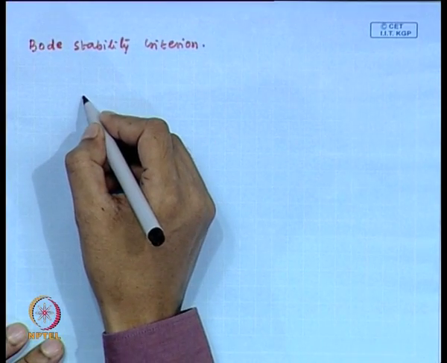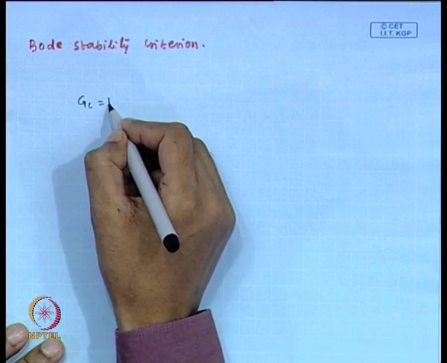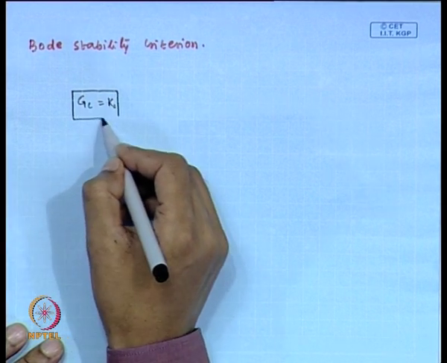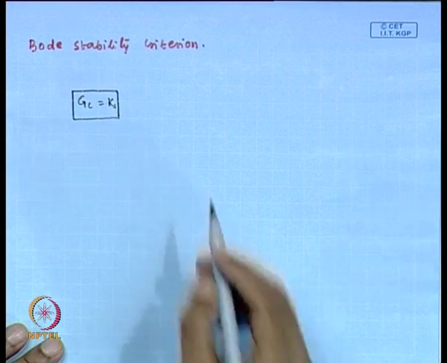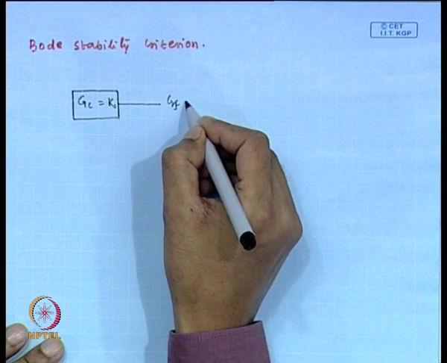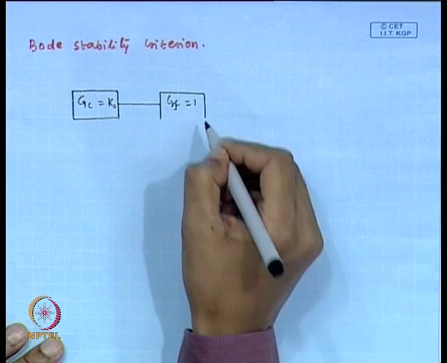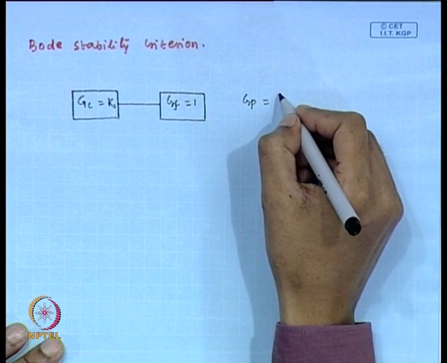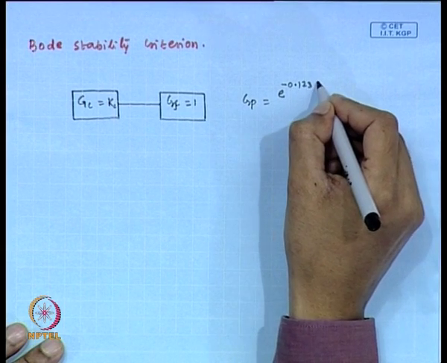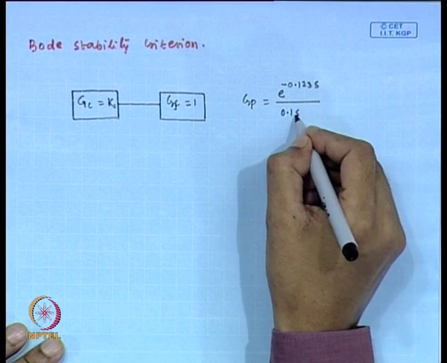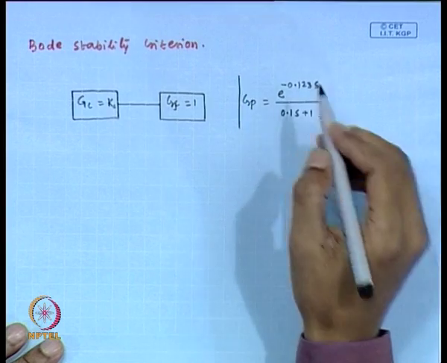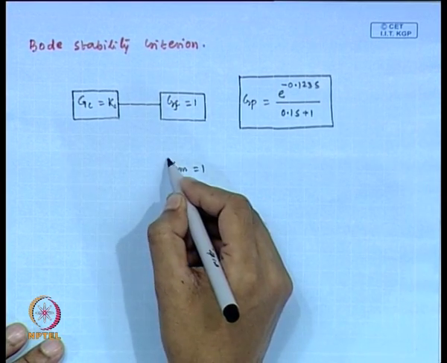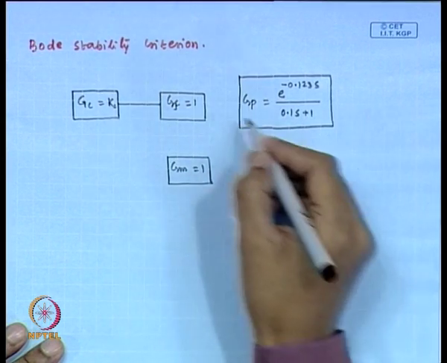So, we will consider a closed loop block diagram having a P only controller, then considering GF equals 1, and GP equals exponential of minus 0.123 s divided by 0.1 s plus 1, and considering Gm equals 1.